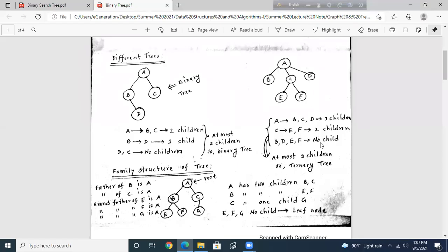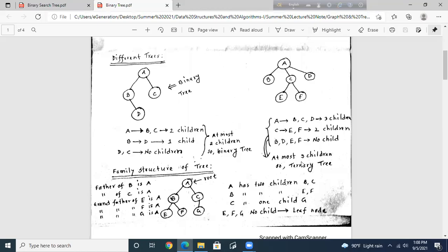If you look at the right side tree, A contains three children: B, C, and D. C contains two children. B, D, E, F have no children.